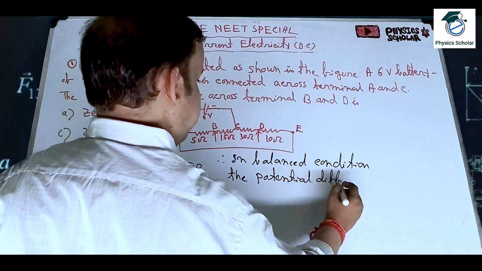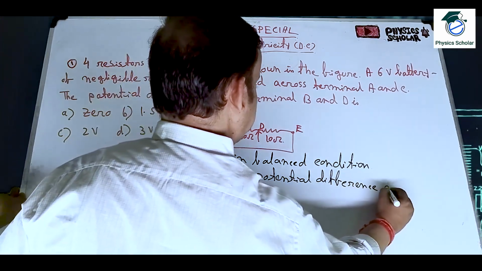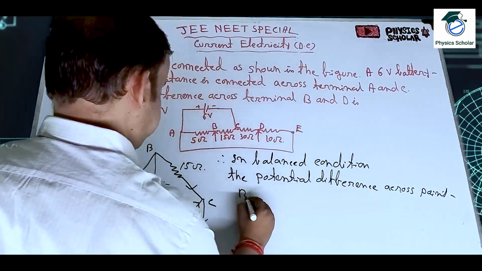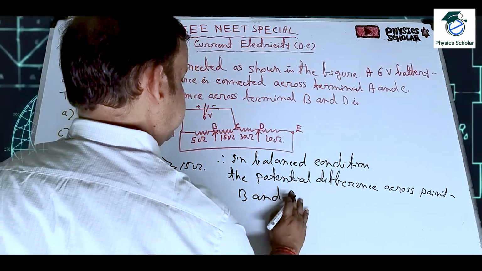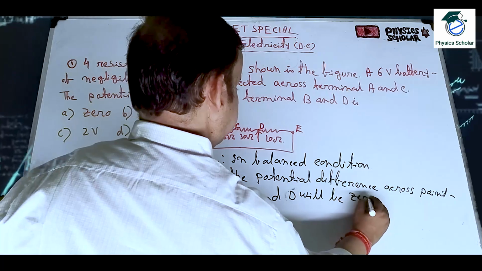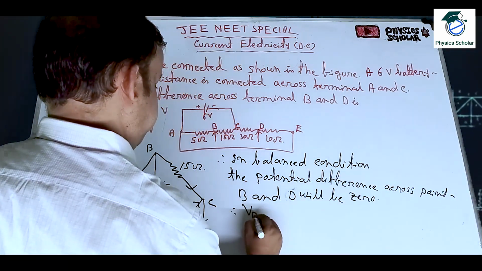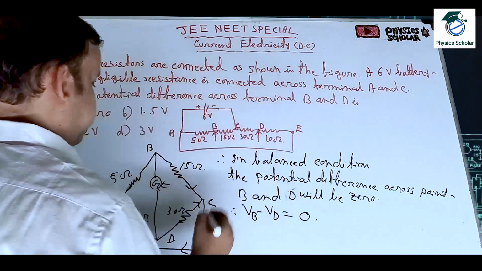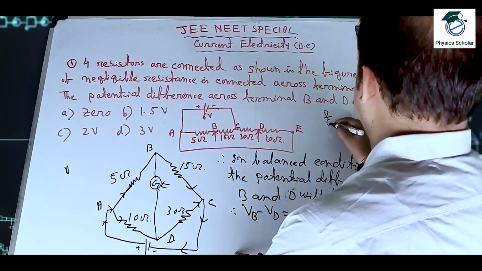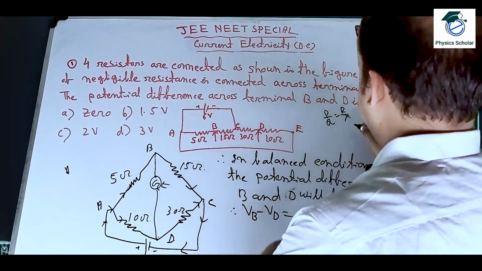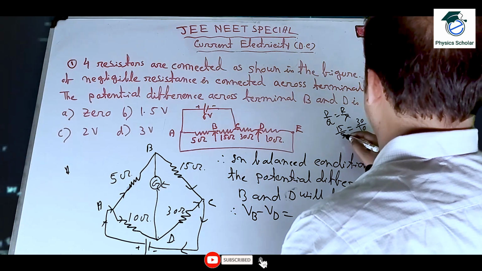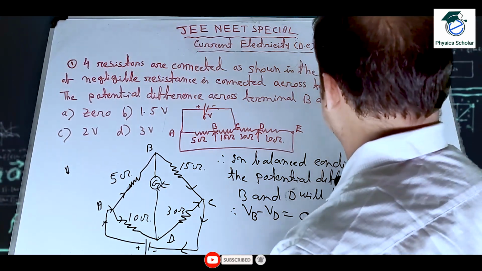So the potential difference across points B and D will be 0. VB minus VD is equal to 0. How can you find out that this is the Wheatstone bridge? Because P by Q is equal to R by X: 15 by 5 is equal to 30 by 10, that is 3 and it is also 3. So this condition is satisfied.